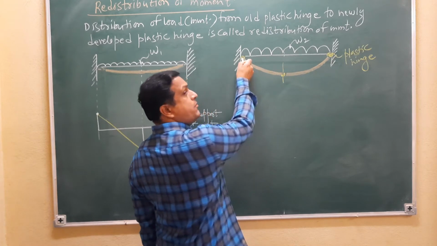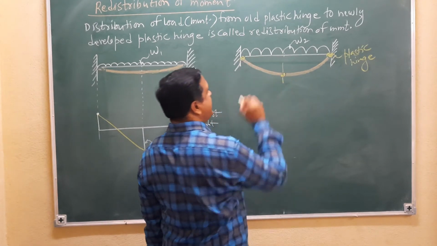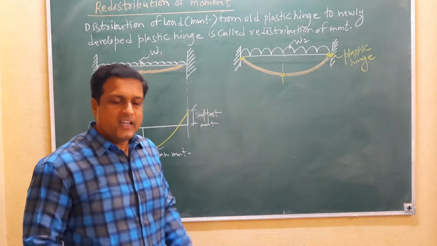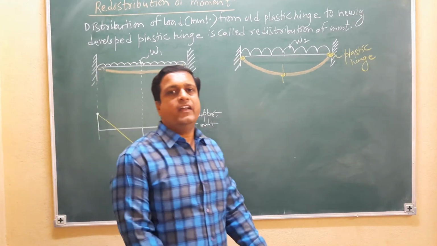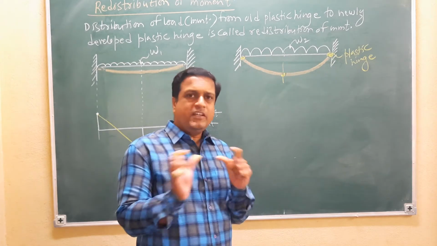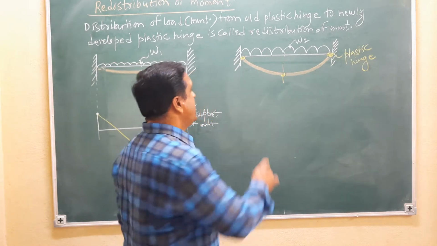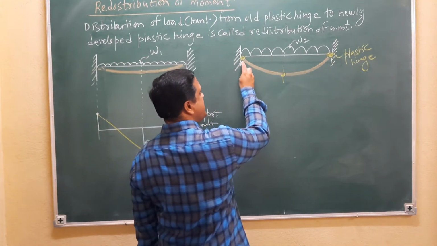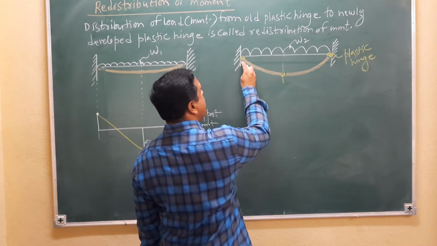First cracks develop at this location, then at this location, and failure is completed. So in between, the first hinge is the old plastic hinge.